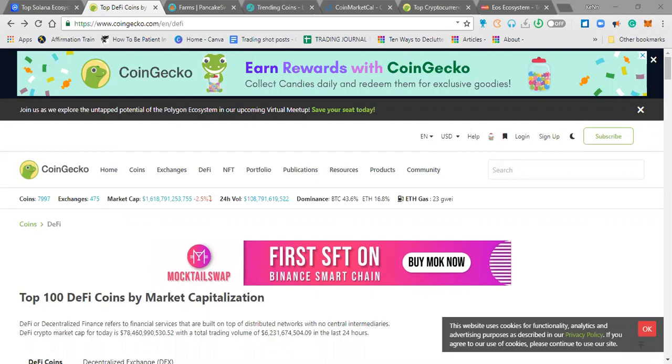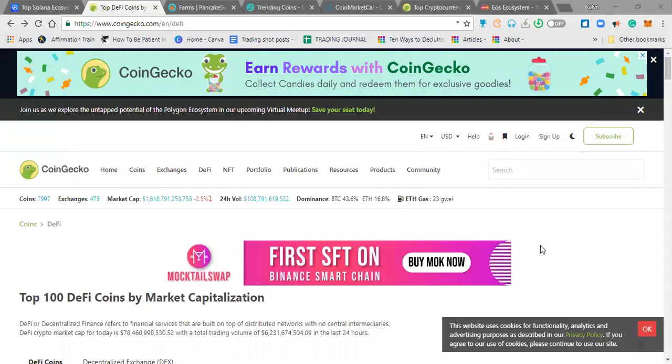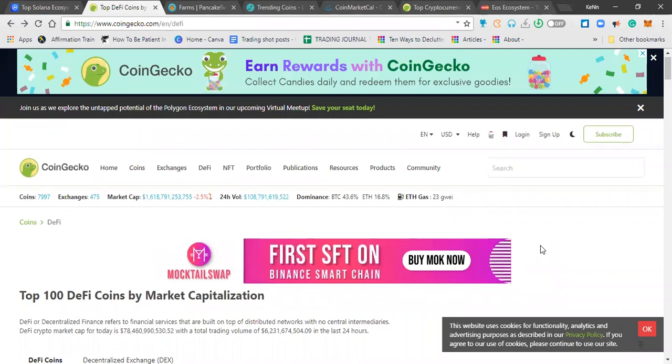Now, enough of explanation. Let me share with you. Okay, I believe you guys can see my screen. So if you come to CoinGecko or CoinMarketCap, come to NFTs.